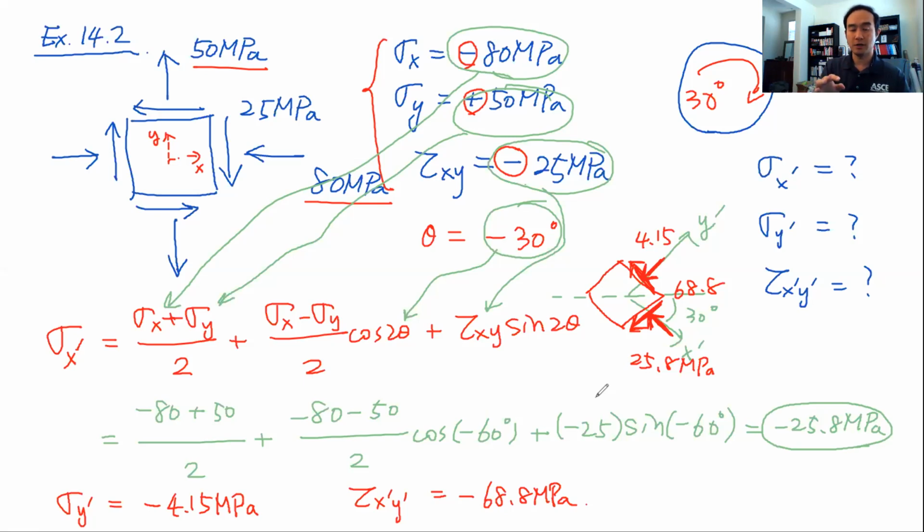The main reason is that we are looking for the maximum stresses, and we'd like to know which angle will produce them and what those maximum stresses, which we call the principal stresses, are. We'll talk about those in the second video clip, and then in the third video clip, we'll talk about a different way, the graphical method called the Mohr circle. With the Mohr circle, we can easily do this transformation of stresses with different angles.